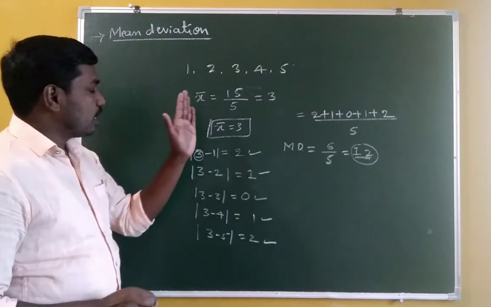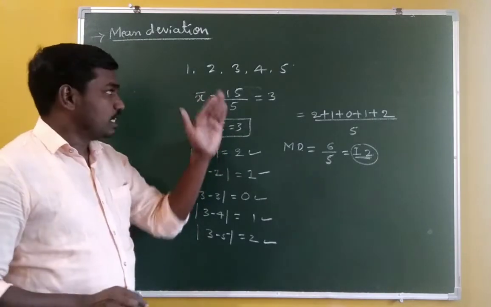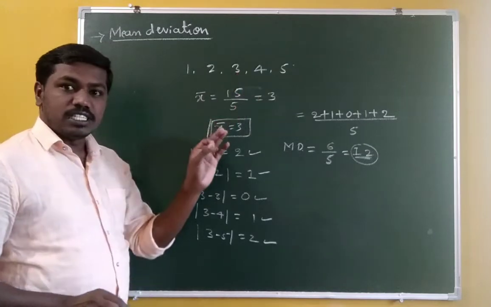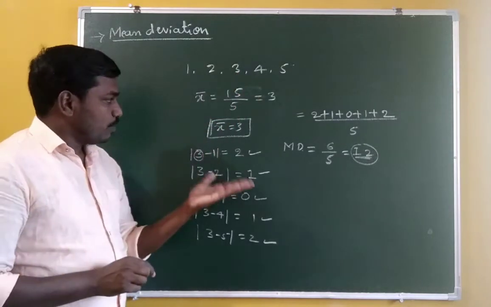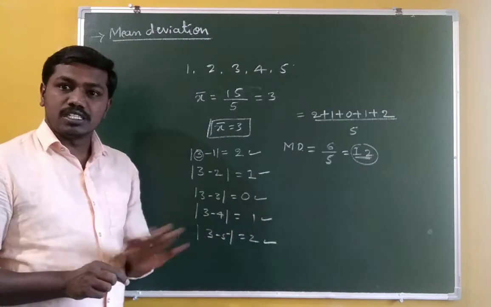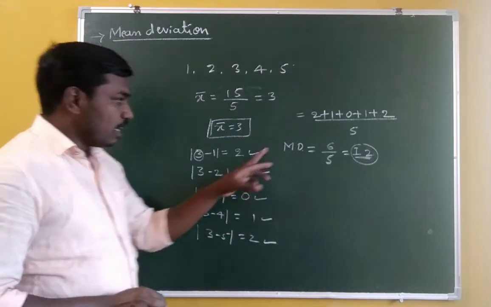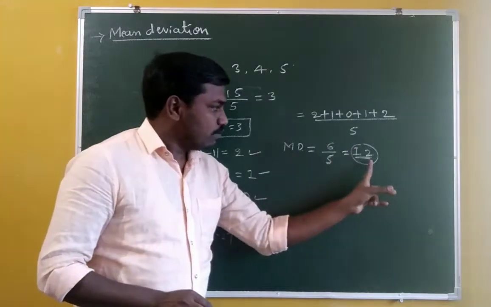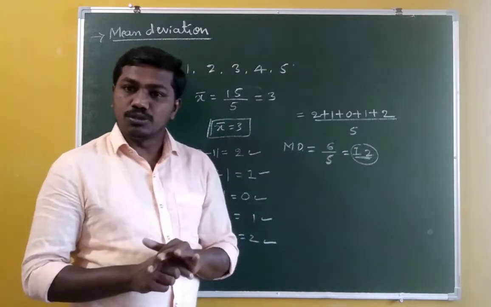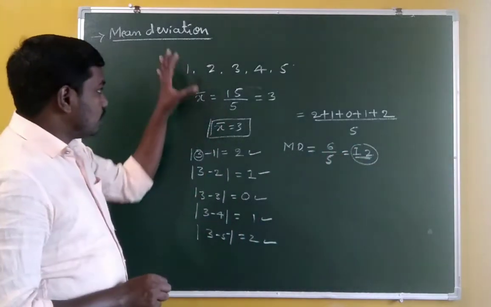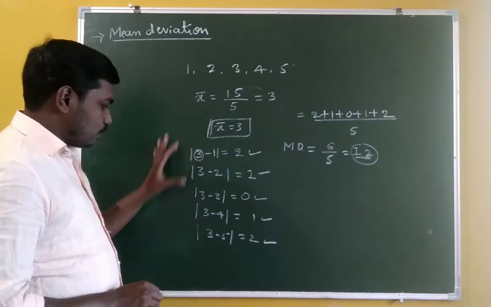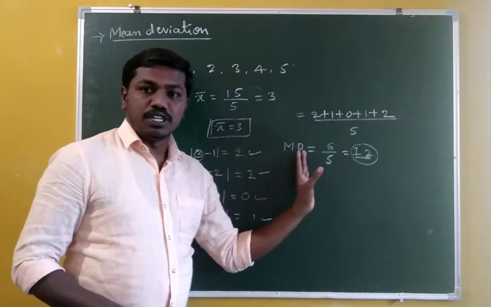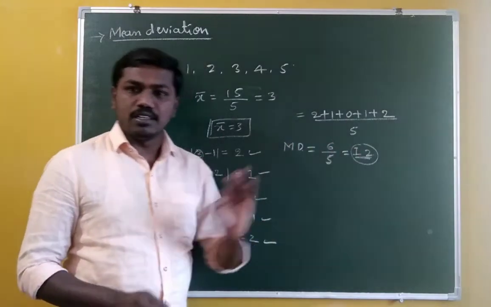The given data is already in ascending order. So what is the median? 3 is the median. So here the mean is 3 and the median is also 3. So what is the mean deviation about the median? The same thing, 1.2. So the mean deviation about the median also has the same value.